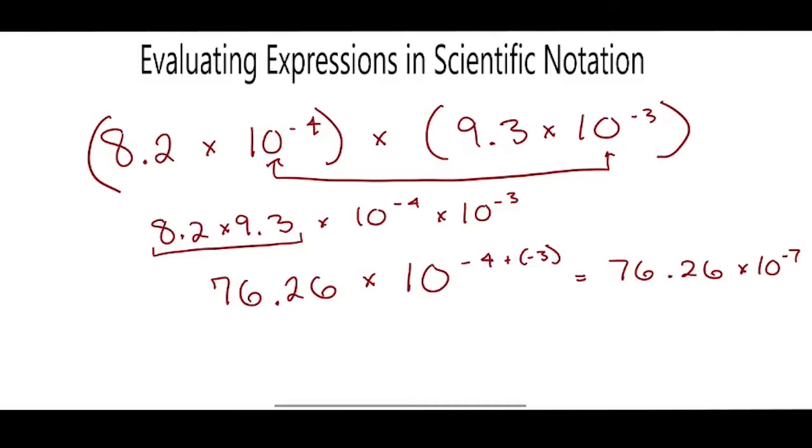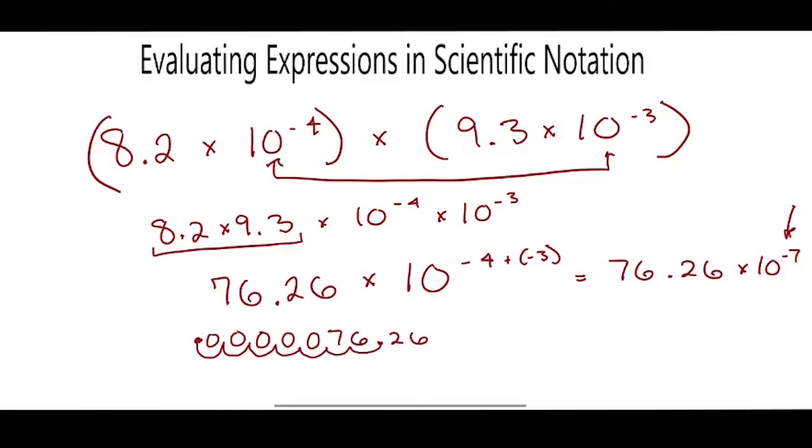So I could rewrite this as 76.26. And because it's negative 7, I can move my decimal 7 places to the left. 1, 2, 3, 4, 5, 6, 7. Put my decimal there and fill in my bumps with zeros.